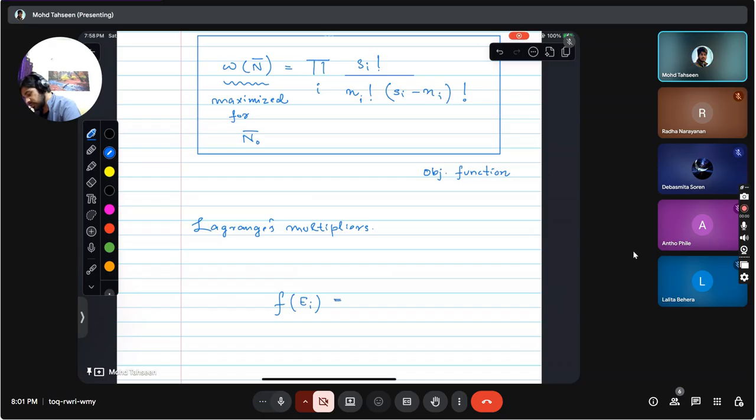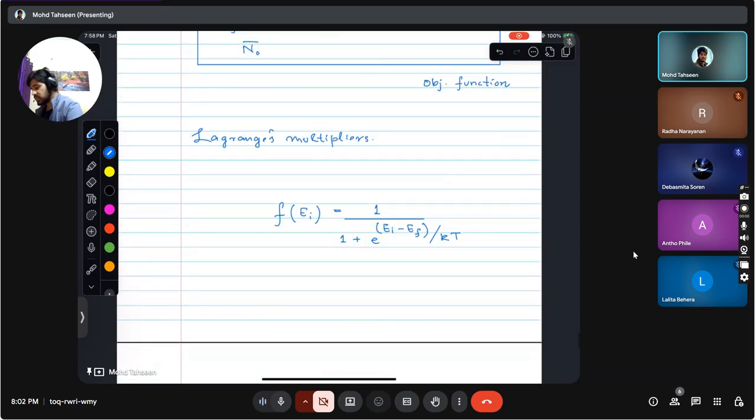If you do all that process, what you get is f of Ei is equal to 1 over 1 plus e to the power (Ei minus EF) divided by KT.